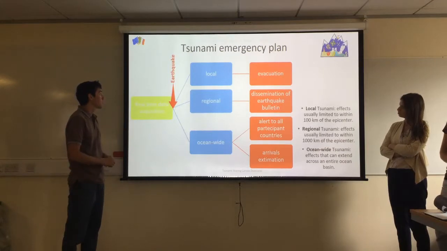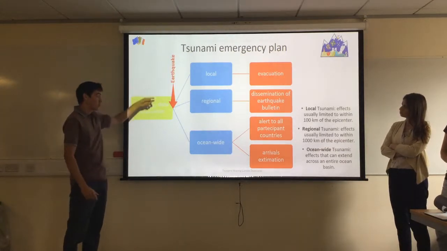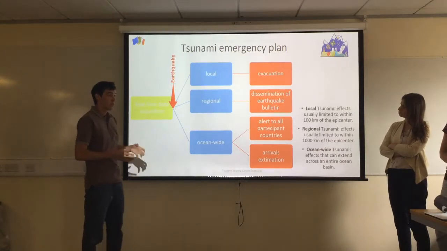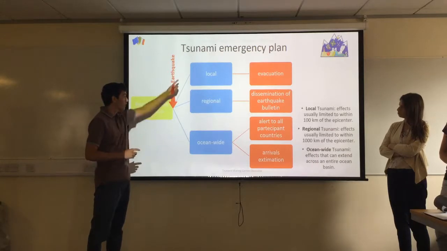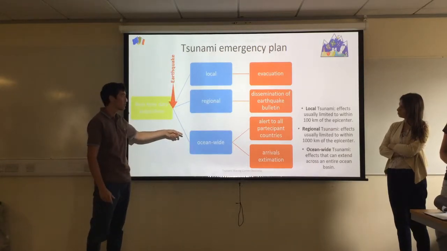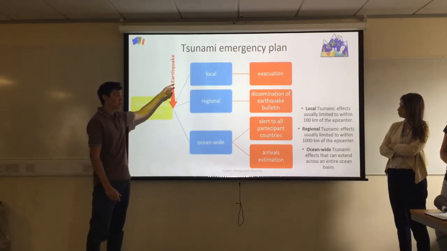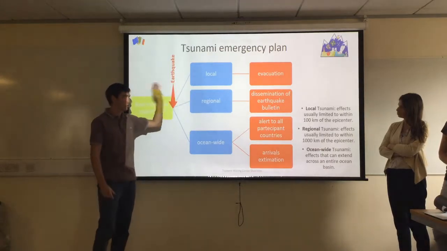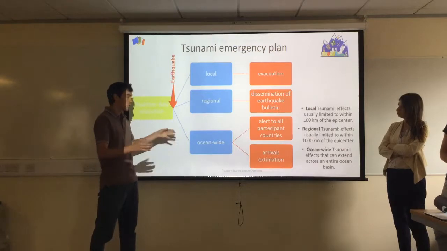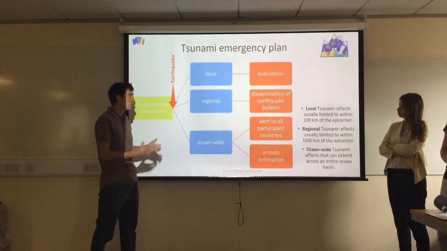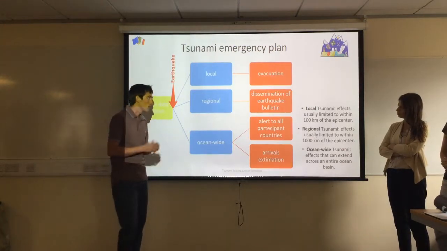We discussed it already. When an earthquake strikes, they have to decide quickly if the magnitude has local, regional, or ocean-wide consequences. Local consequences are the most dangerous because they have to go straight to evacuation. Regional, so they have more time to have something ready.